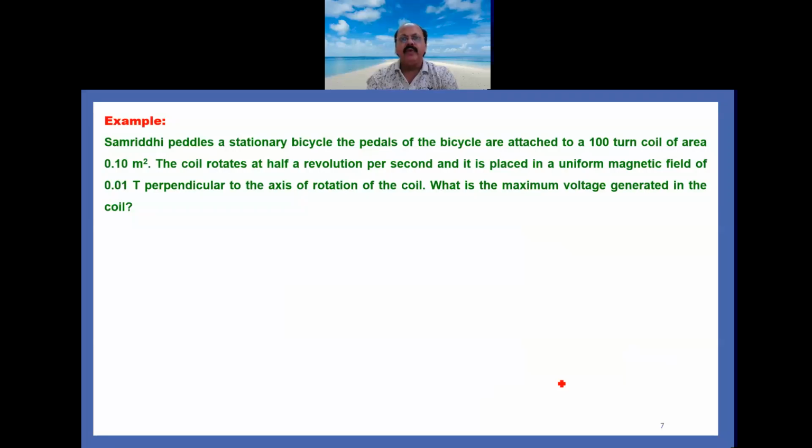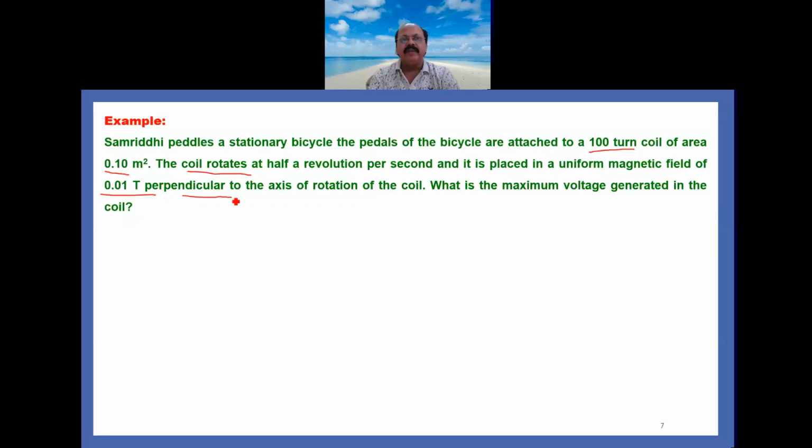So you have to apply the concept you have learned for the maximum voltage, and understand what is given in the question. In this question, the number of turns capital N is given, area capital A is given, frequency is also given, half a rotation, that is 1 by 2 hertz, 0.5 hertz, and the magnetic field is given, 0.01 Tesla.